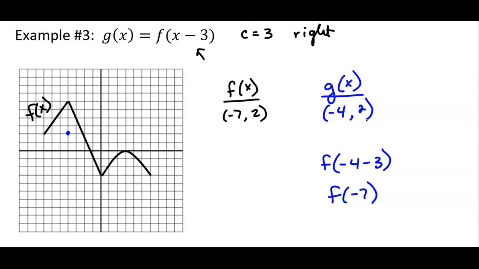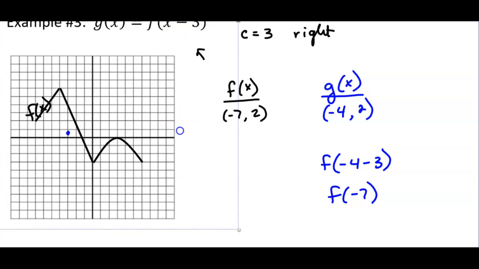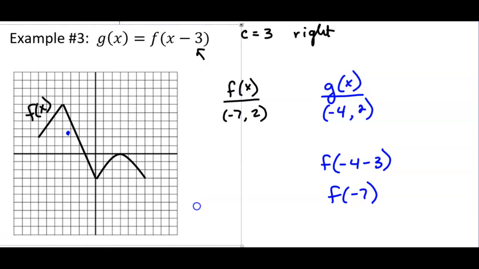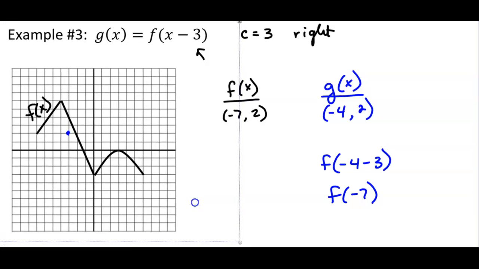Okay, so here we go back to shifting things. We'll take this peak point and move it 3 to the right. Then we'll take that bottom point and move it 3 to the right. Then the top of the parabola-looking thing, move it 3.